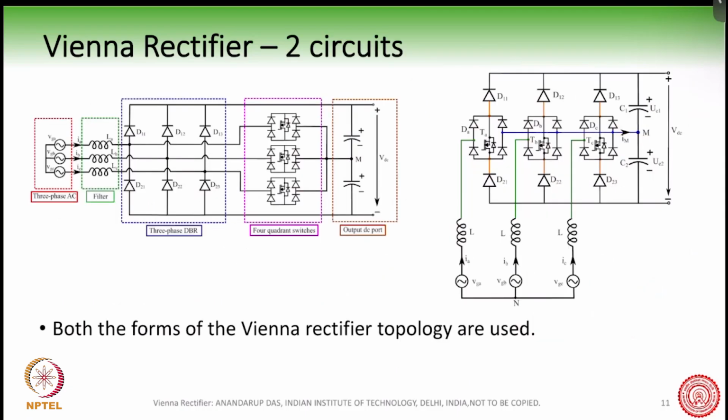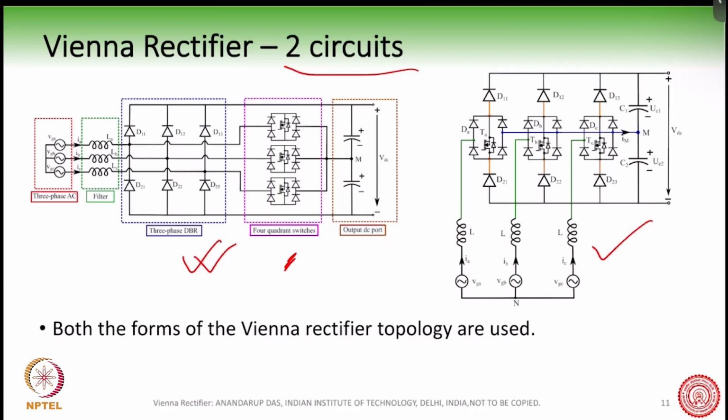Both these forms, both the two circuits, are actually used. In fact, this one has several commercial applications. We will continue with this one and analyze this format a little bit more in detail.